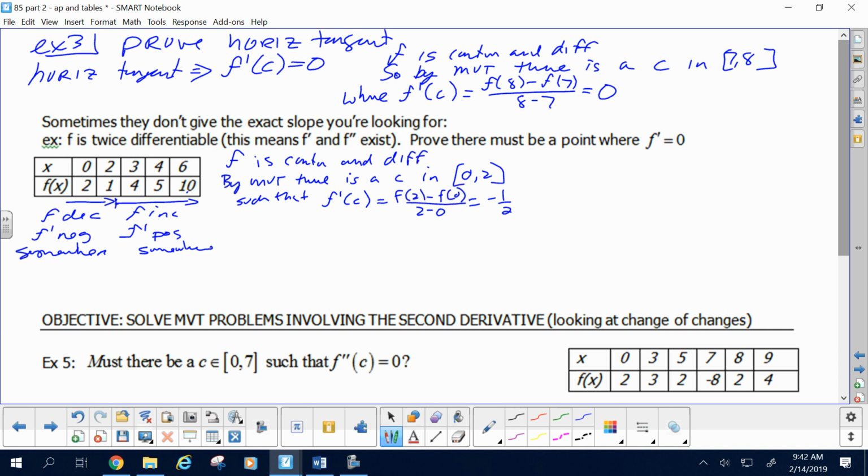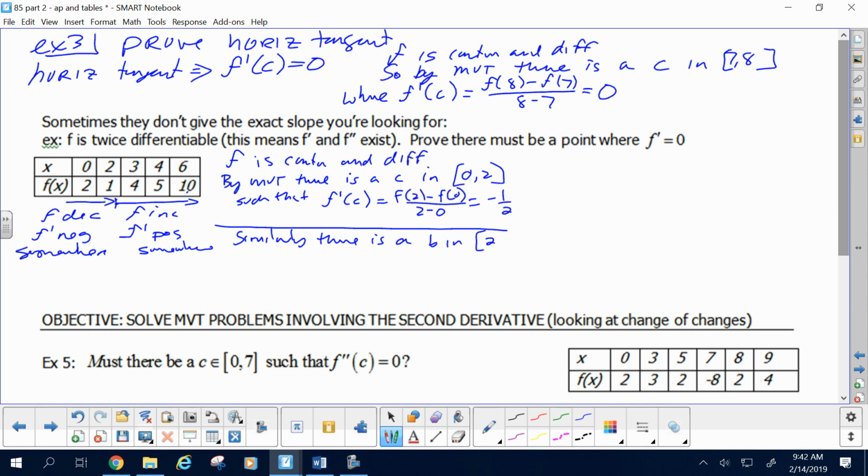Okay, great. So I established there's a point where f prime is negative. I don't have to do the conditions again. I could say similarly, there's a, now I can't call it C again, so I'll call it B, okay? B in... Now I could go a lot of different intervals because f is increasing. I could go 2 to 3, 2 to 4, 2 to 6, it doesn't matter.